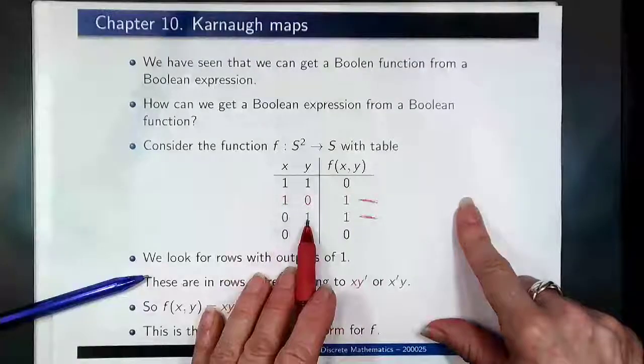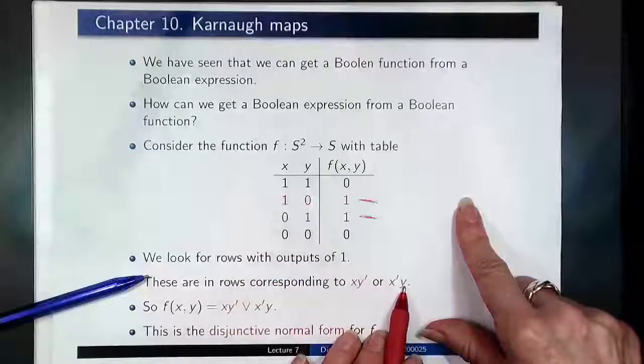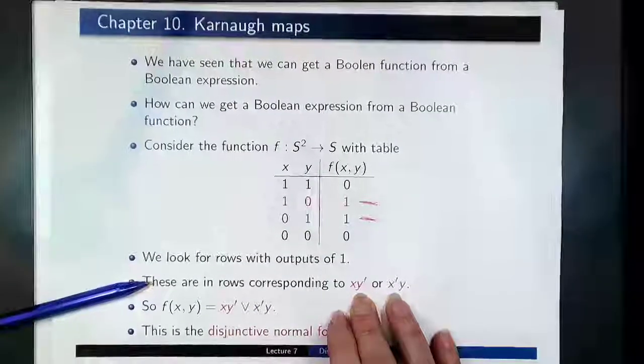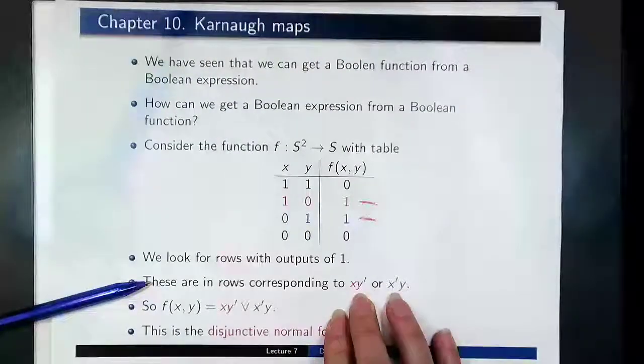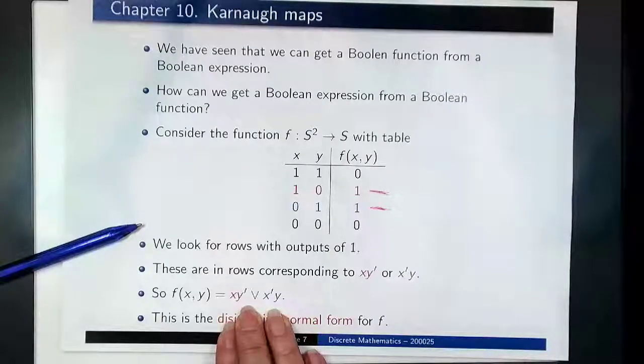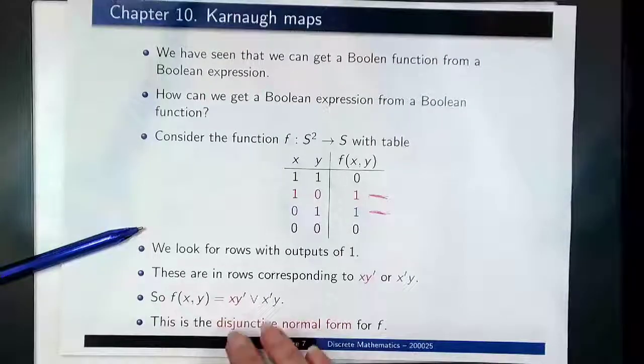X dash and y, x dash and y. So if I tell you that this is when we get 1, the function gives you 1 when we've got that or that. Okay, so that means our function can be written like that. There it is. That's it. You've immediately got an expression.